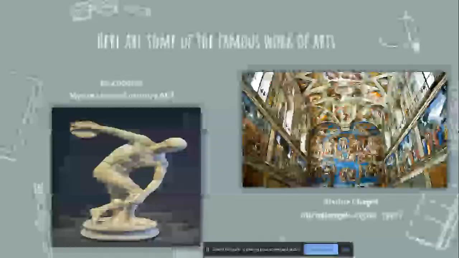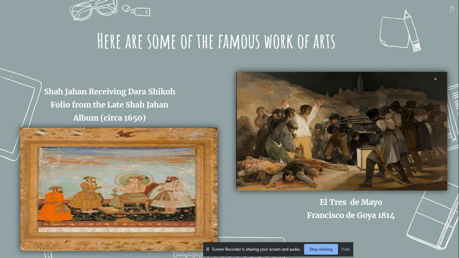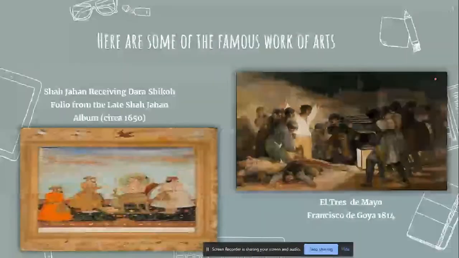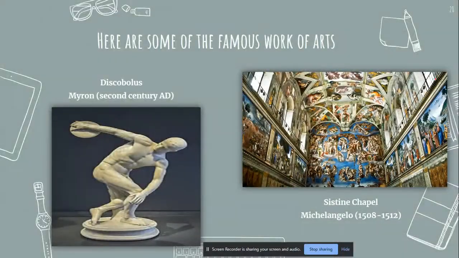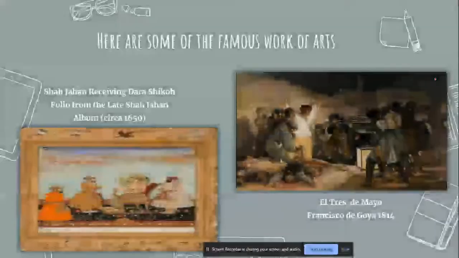And this one. We have the Sistine Chapel. This is very famous, by Michelangelo. And we have this. All right. Some of you might recognize this one, but there could be a lot more to this.